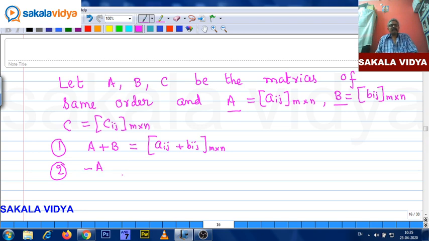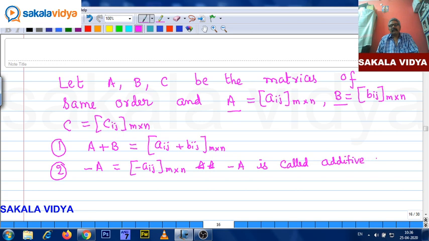Already we have discussed. Minus A means you will get minus Aij of order m by n. Important note: this minus A is called the additive inverse of A.